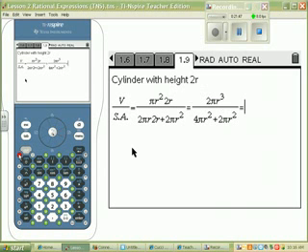All right, so look at the denominator. I have 4 pi r squared plus 2 pi r squared. What is that? 6 pi r squared. So redo your numerator, write 6 pi r squared for the denominator.